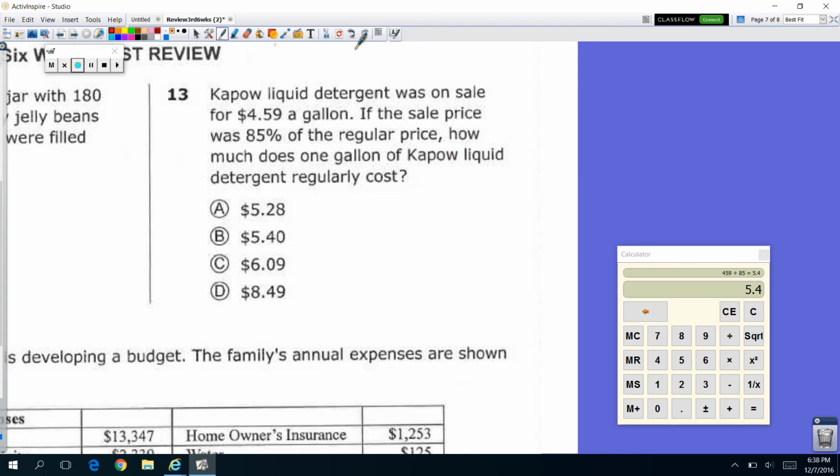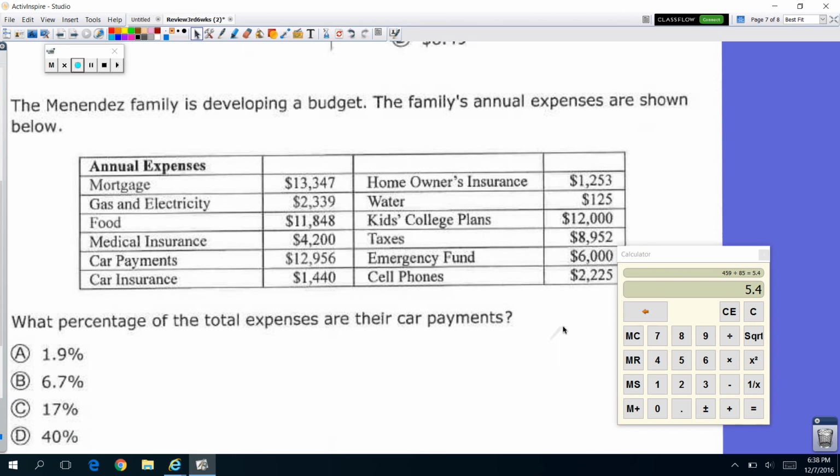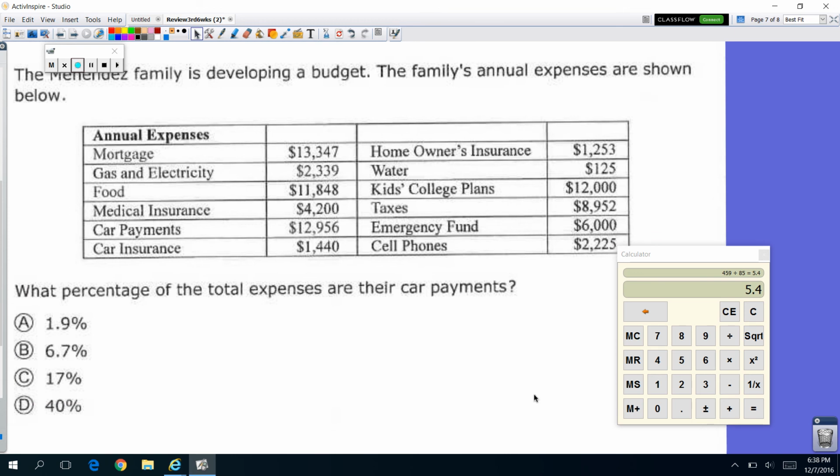Now I'm going to go to number 14, which is a long one. When we use the calculator, actually I did this ahead, because I didn't want to bore you with having to do all these little numbers, and I was going to give you a tip. The situation here is that you are going to find the percentage that car payments is compared to all the expenses.